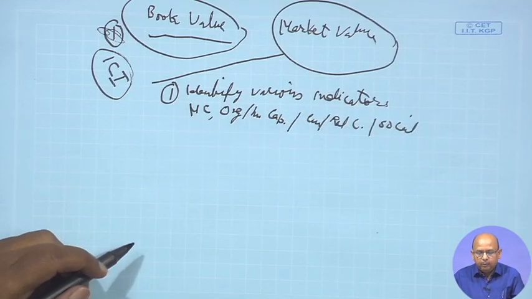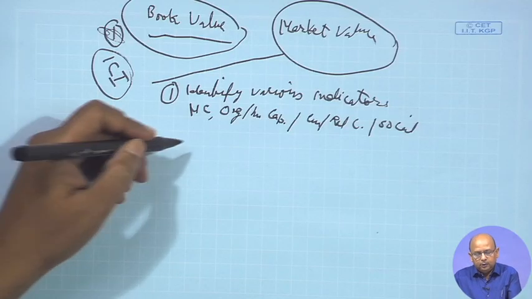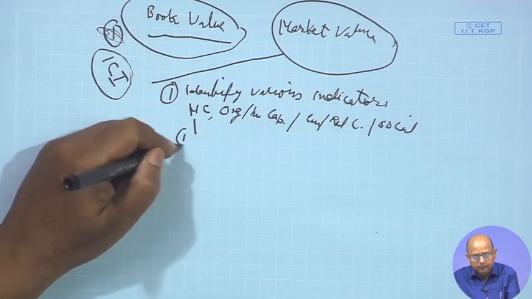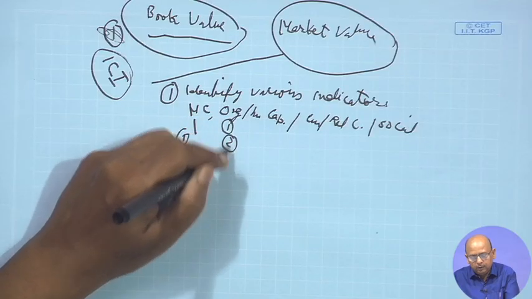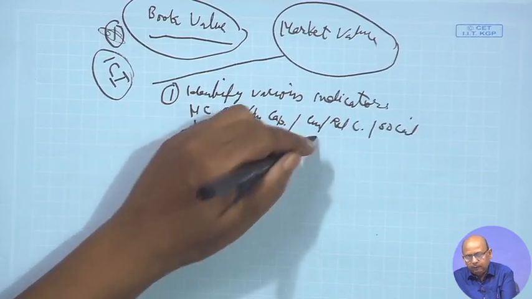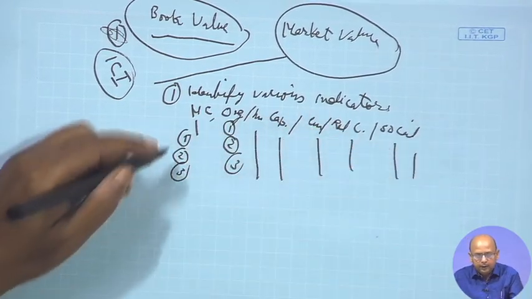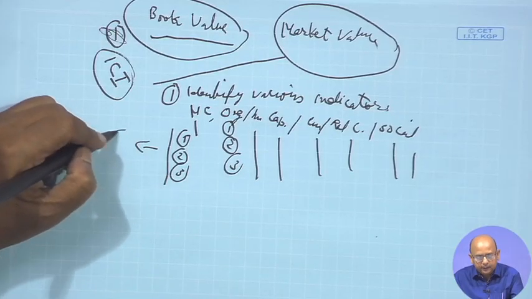So, these are the four major types of capital that have been used. Now, under each of these capitals, you have to identify the various indicators that you are going to use, one, two, three. Similarly, for each of these capitals, you are going to see what the various indicators are.